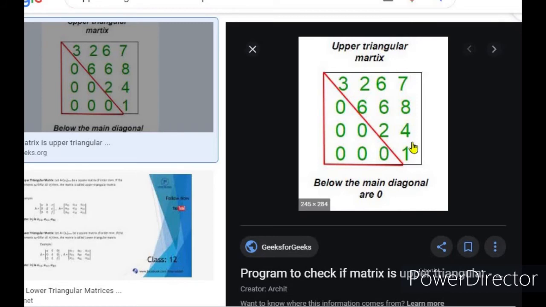This is an upper triangular matrix wherein the zeros below form a triangle. It is called an upper triangular matrix because the upper part of the matrix is composed of elements which are not equal to 0, while the lower part is composed of zeros.